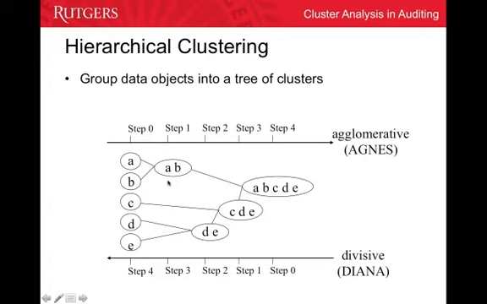Then it updates the proximity matrix to reflect the proximity between the new clusters and the original clusters, and then it repeats the merging until only one single cluster remains that includes all the objects.